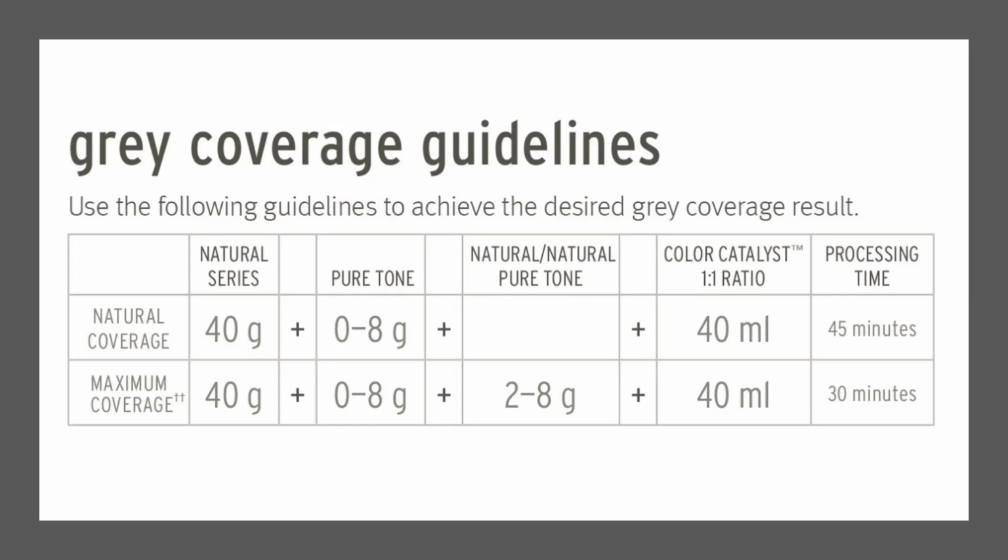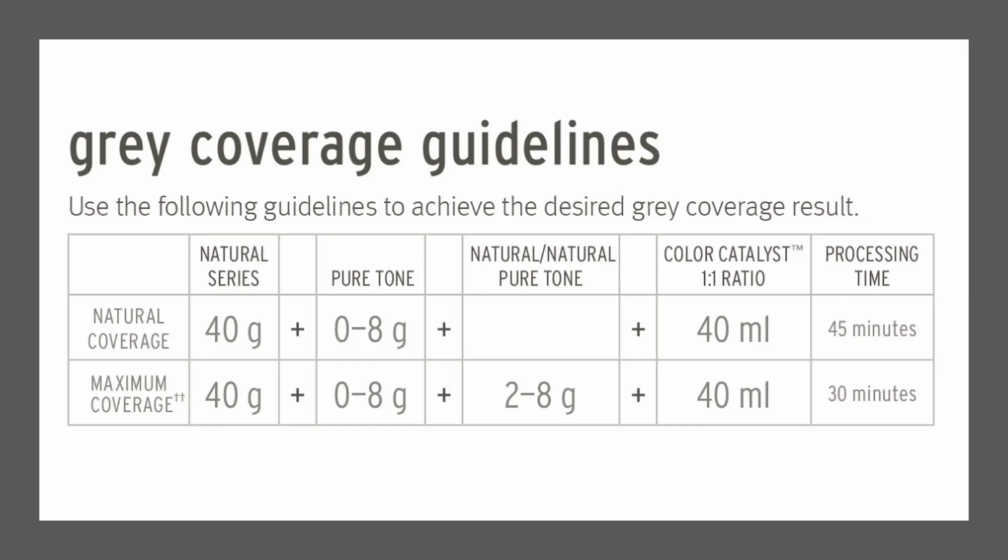However, if you have a client who has a bit more grey hair, or quite resistant grey hair, and their priority is to ensure they have that coverage, you're going to add in something of the natural series. So for instance, you may have 40 grams of your 7N, and whatever base you're going to add, the same level.